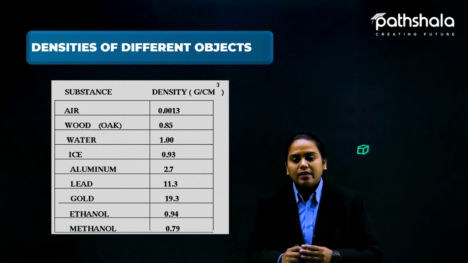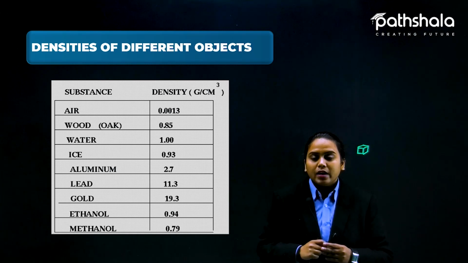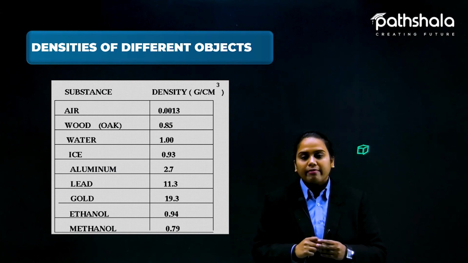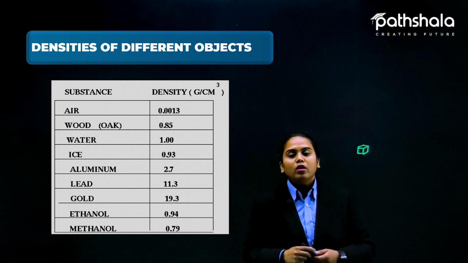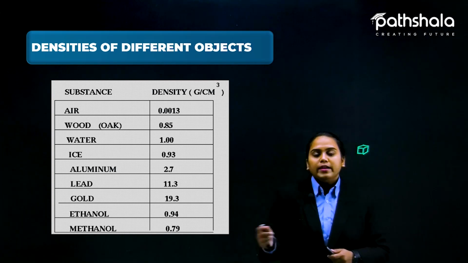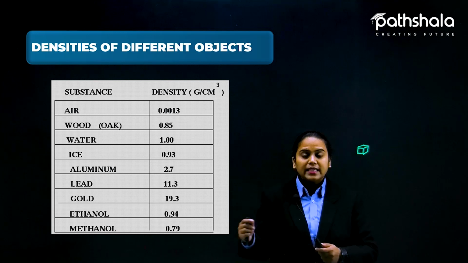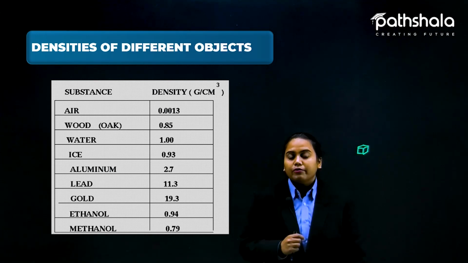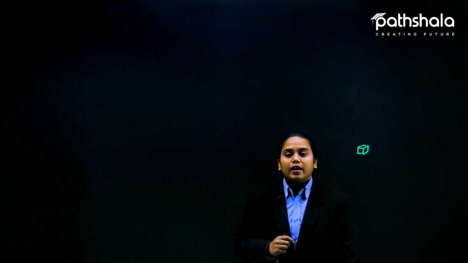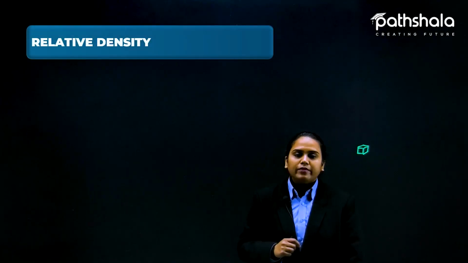Aluminium is 2.7, lead is 11.3, gold is 19.3, ethanol 0.94 and methanol is 0.79. So these are the different densities of different objects. Okay, now relative density.